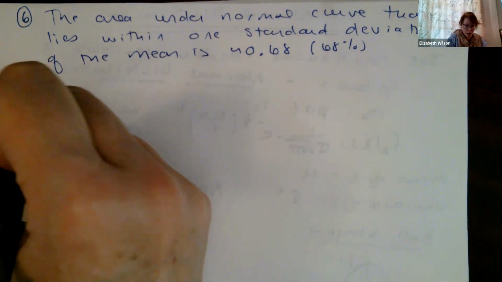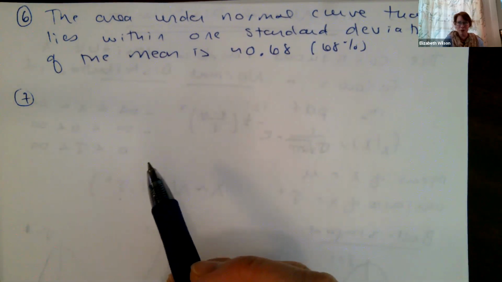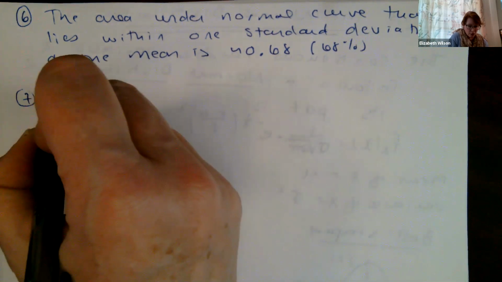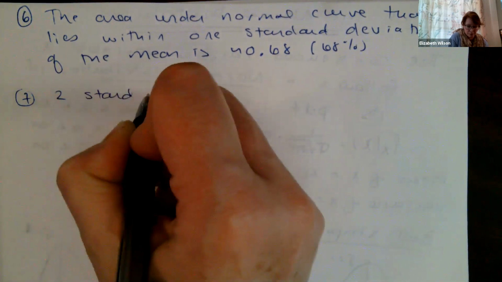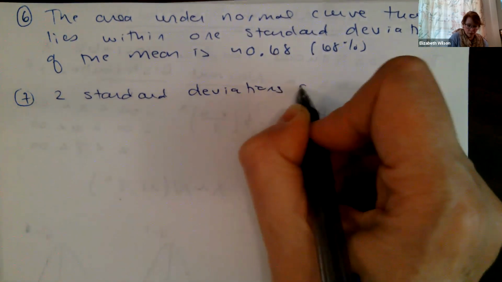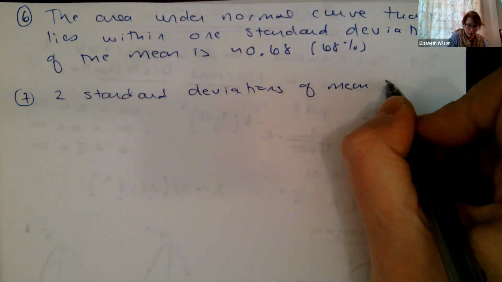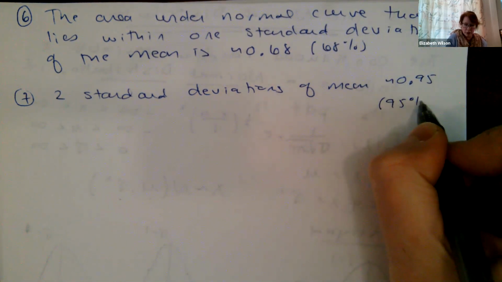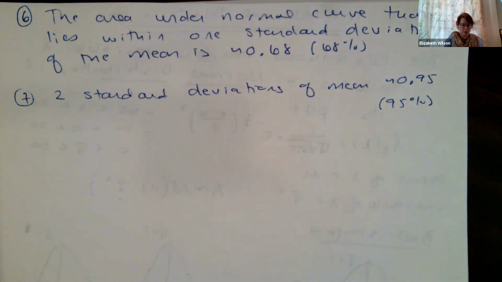I'm going to write down two more things about 2 and 3 standard deviations away, and then we're going to draw pictures so you can see what I'm looking at. Within 2 standard deviations of the mean is about 0.95, so 95% of our curve lies within 2 standard deviations of the mean.